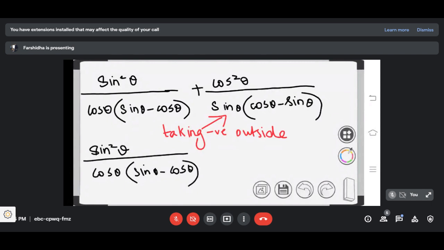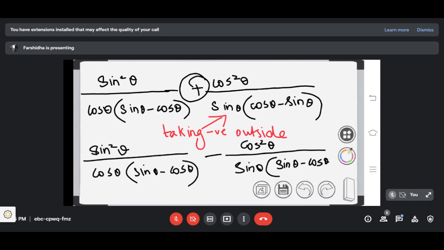See, we are taking negative outside, so this plus sign will change to minus, because we are taking negative outside from the denominator of the other term. Even though you are taking negative outside in the denominator, this sign will change. Positive sign will change to negative. So I'm writing here minus cos square theta divided by sin theta into, see, this is cos theta minus sin theta. Since we have taken negative outside, it will be sin theta minus cos theta. Reverse. All the signs change inside the bracket.